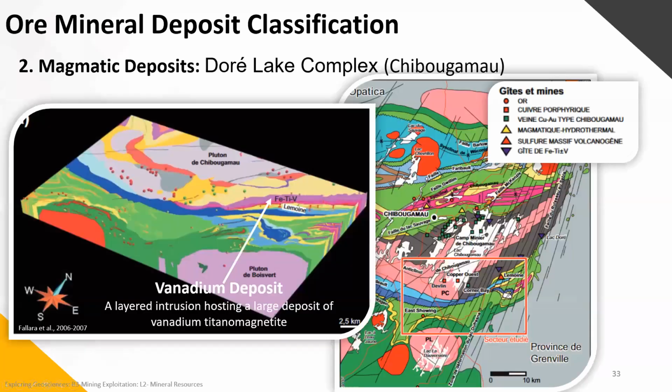One of these well-known magmatic deposits in Quebec is within the Chibougamau area, which is called the Doré Lake Complex. It is a vanadium deposit.